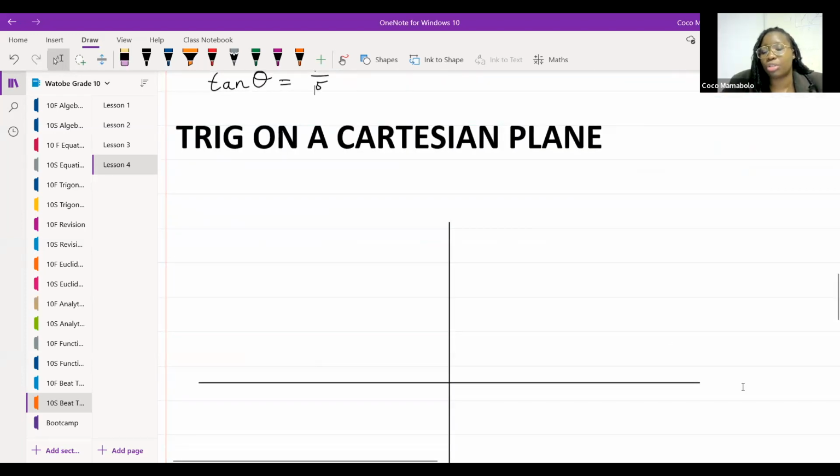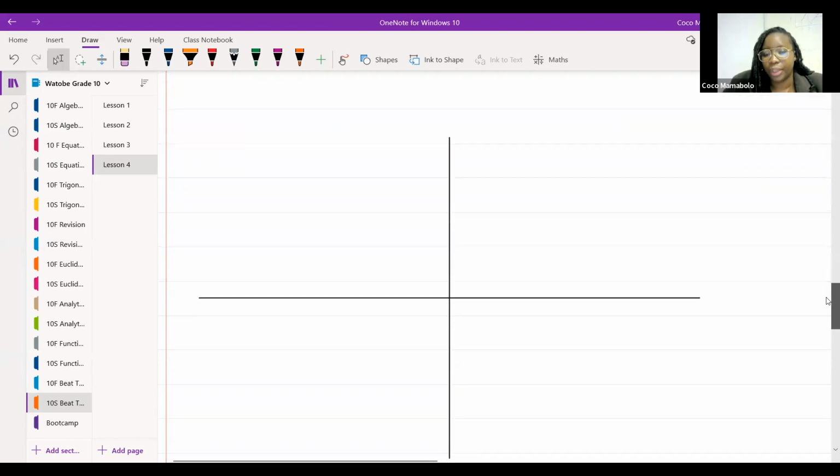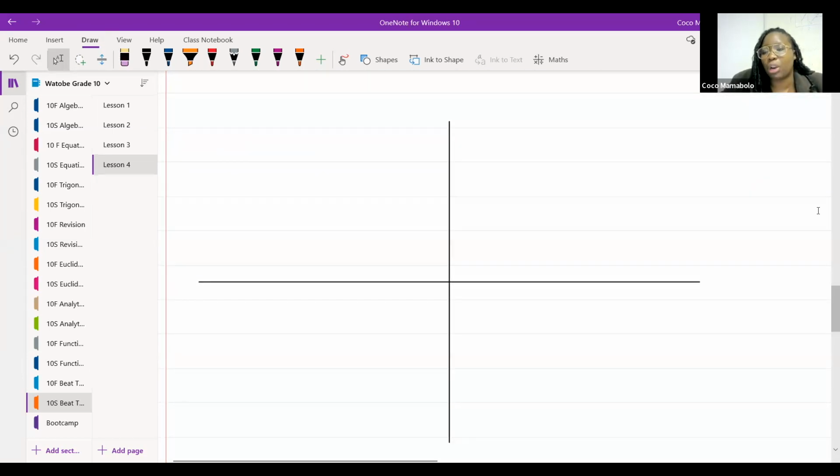We're going to talk about trig on a Cartesian plane. Now, remember, guys, when we look at the Cartesian plane, we're not really given a triangle or anything of the sort. We are usually given a coordinate. Let's say, for instance, they call the coordinate P. The point P, which is 6 and 8.